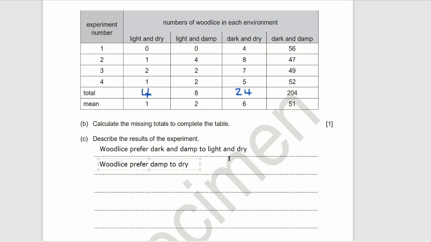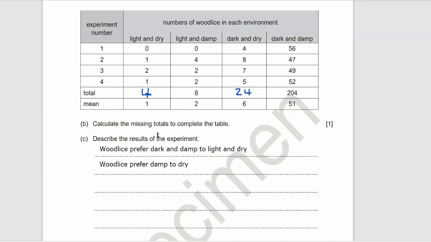Now, you should really back this up. So woodlice prefer damp to dry. Well, how can we tell that? Well, let's look at these results here. If we look at the dark and damp, there were 204 total in the dark and damp and only 24 in the dark and dry. So they were both dark. So we're keeping that factor the same, but we've just changed damp and dry here.